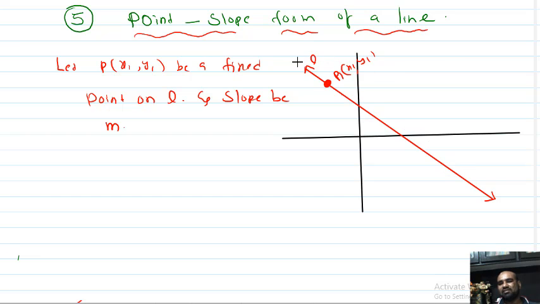Now, to find the slope of that line, we need one more point. That's why let the variable point P be taken as (x, y). Variable point, that one. This is the fixed point.